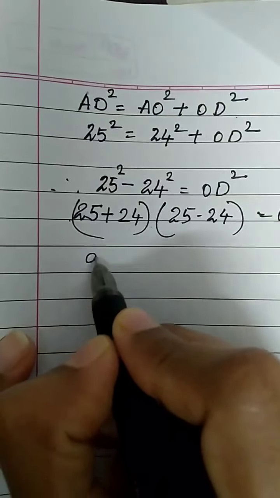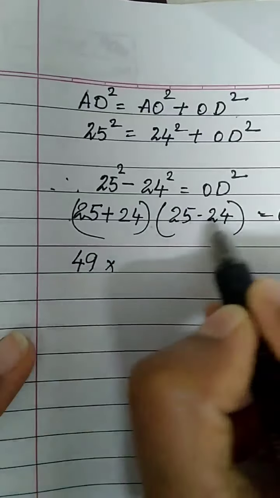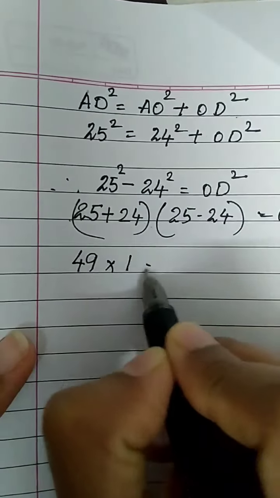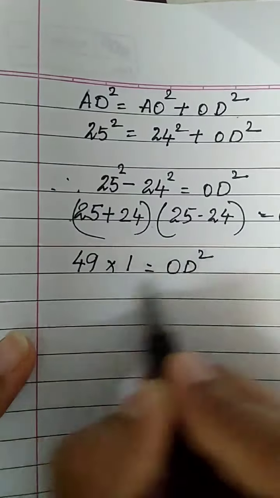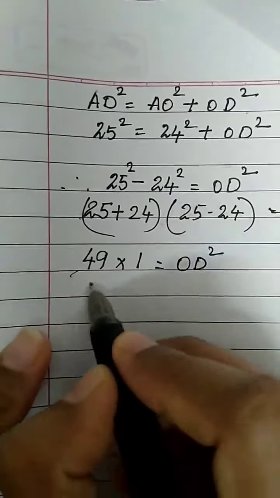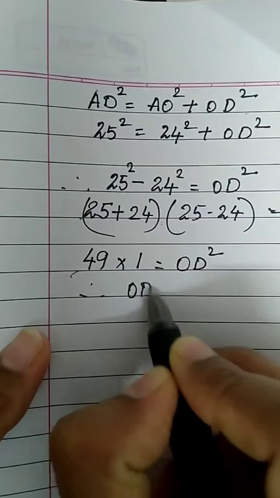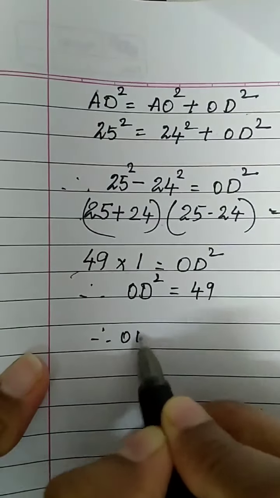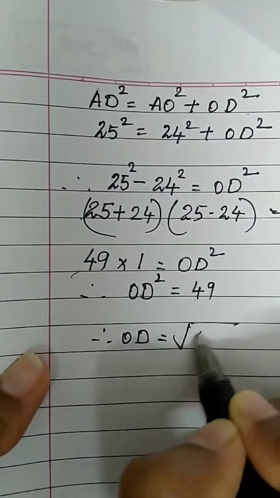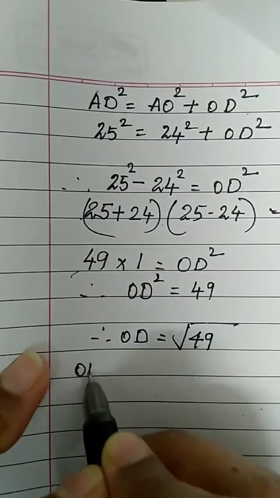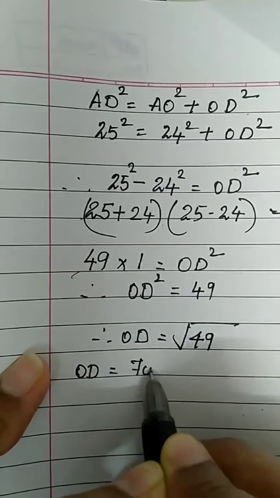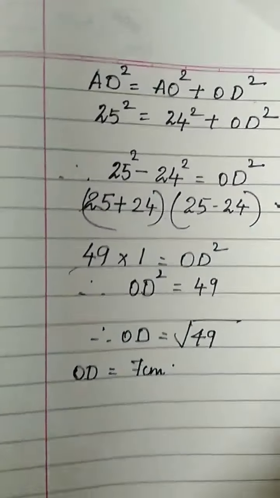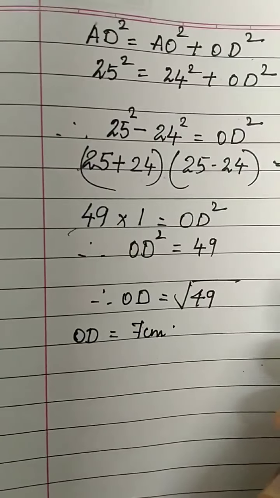A plus B is 49 into 25 minus 24 is 1, equal to OD square. This will be an easy method, children. So OD square is equal to 49. Therefore, OD will be square root of 49. OD is equal to 7 centimeter. We got OD as 7 centimeter.